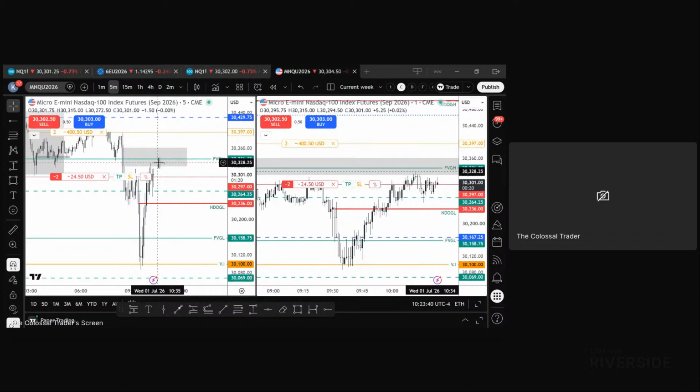We'll see if we get a bullish candle, at least a bullish candle here. I want to see that actually. One candle printing in here with a body and then reject.